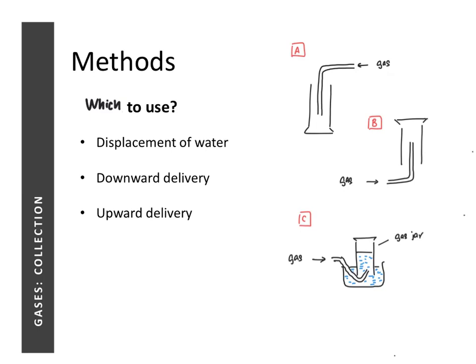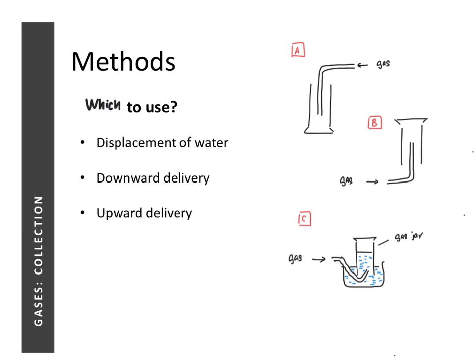Now that we have seen what methods are there to collect gases, we need to know which method to use for a particular gas. For the displacement of water, there must be one property associated with the gas before we can use it. To tease out the property, we need to imagine the journey of the gas.